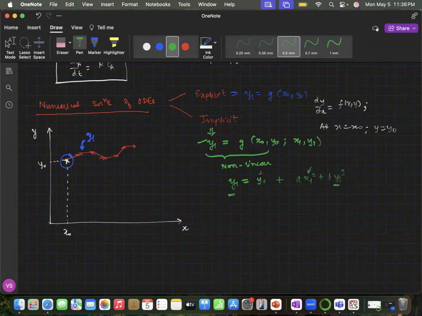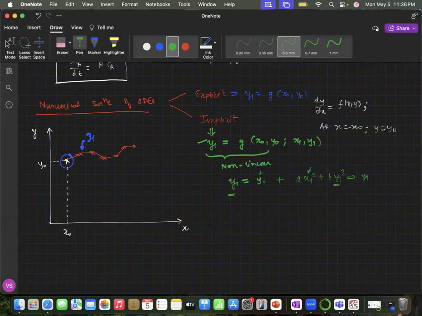So this is a non-linear algebraic equation that when you solve, you will get a solution for y1, and that's the point that you're going to choose to assign to y1. So these are the two types of solutions.